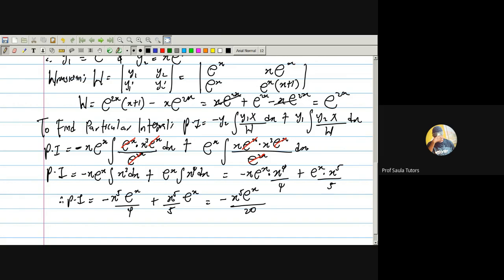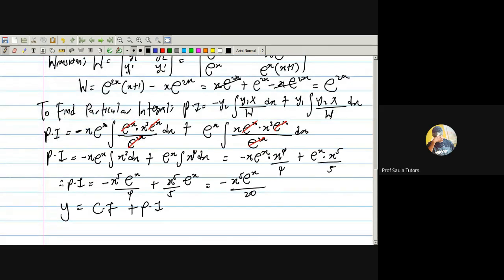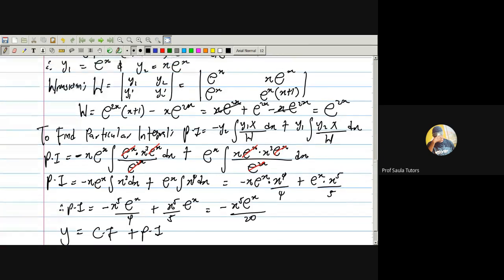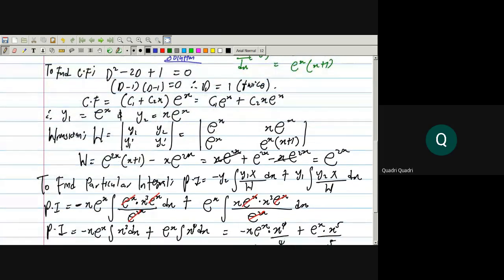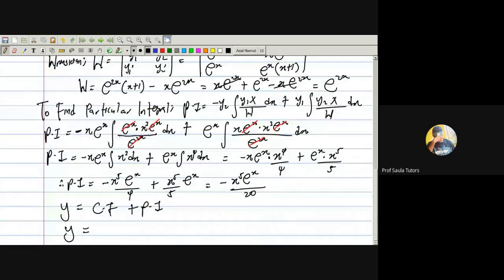Are we together? Yes. Now, after getting the particular integral, remember our general solution is y equals CF plus PI. So what's my CF, my complementary function? It is C1 plus C2x exponential x.